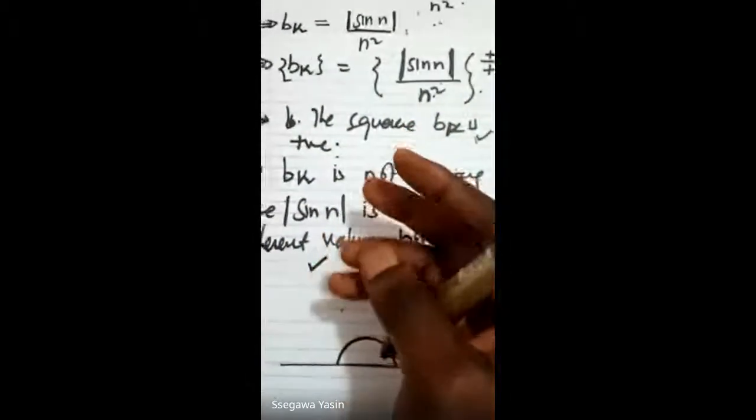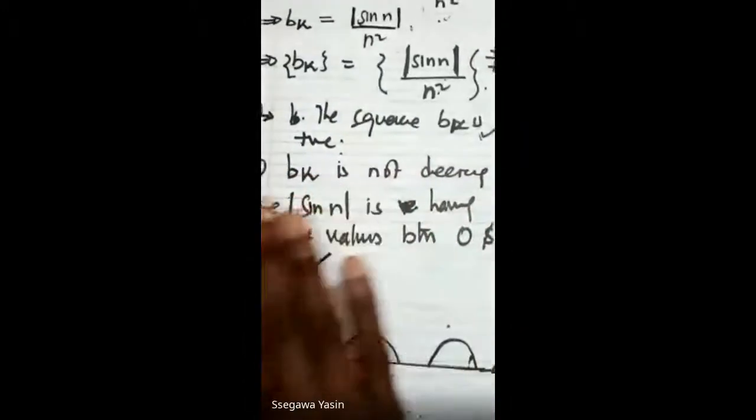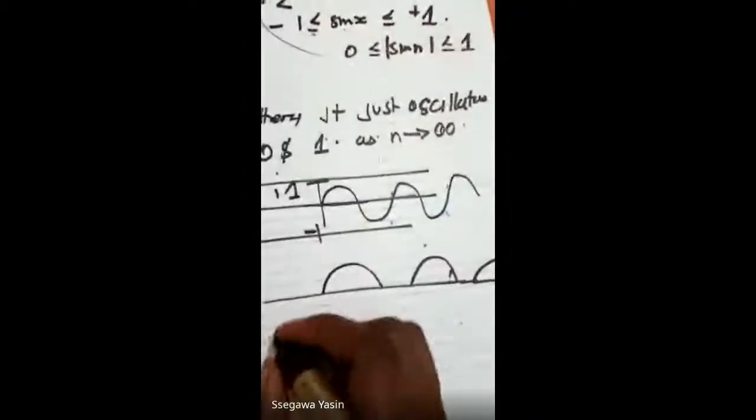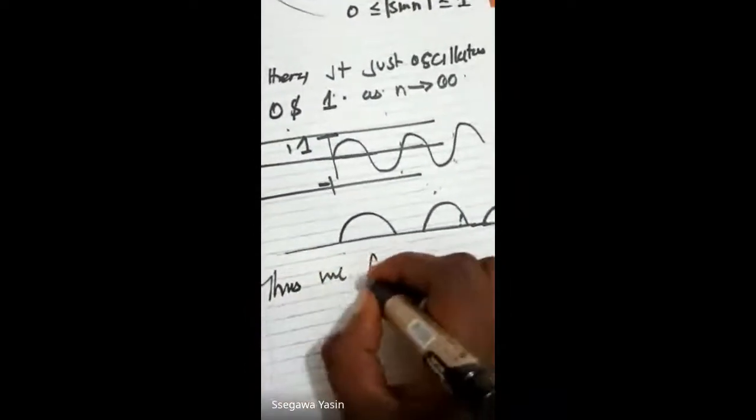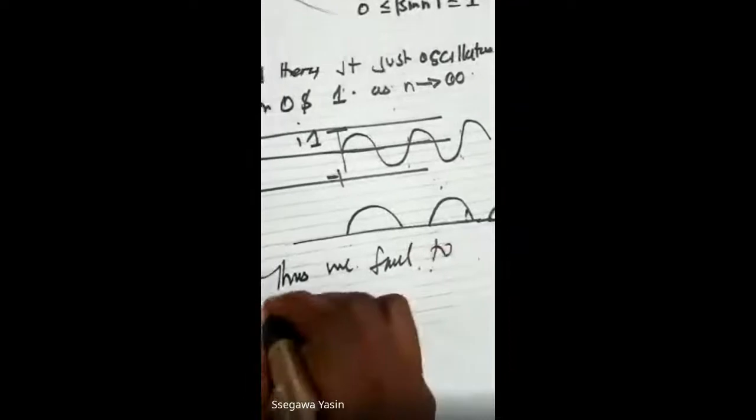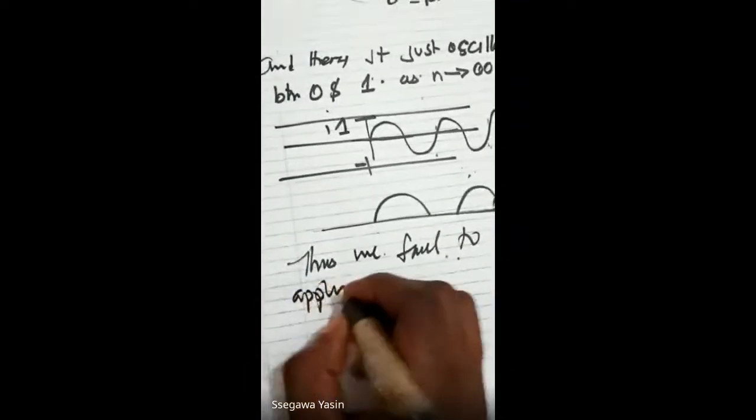These 2 should be checked first. So even before you take a limit, you should first check for these 2. And therefore, we fail to apply the alternating test. Thus, we fail to apply the alternating test.